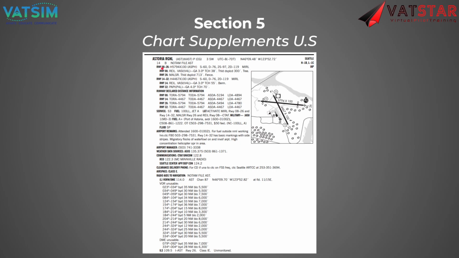So we know the airport's 14 MSL, and we add 1,000 feet above ground level, because ground level is at 14 feet. 14 plus 1,000 is 1,014 feet. To get the pattern altitude, we round to the nearest 100. So 1,014 is 1,000 feet. The pattern altitude will be 1,000 on your altimeter, so 1,000 MSL.